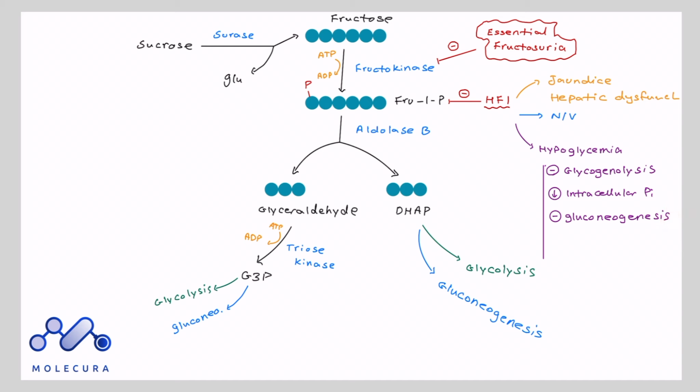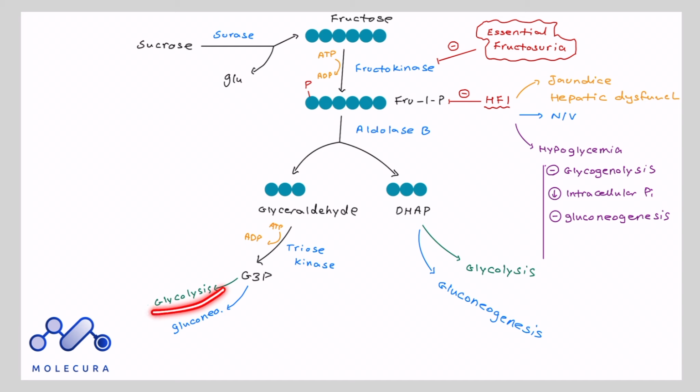Furthermore, we are having depletion of intracellular phosphate. So gluconeogenesis and other anabolic pathways are going to need ATP to move the reactions forward. We have already talked about how ATP moves thermodynamically unfavorable reactions forward. So we are going to have another problem that anabolic pathways are going to be inhibited.